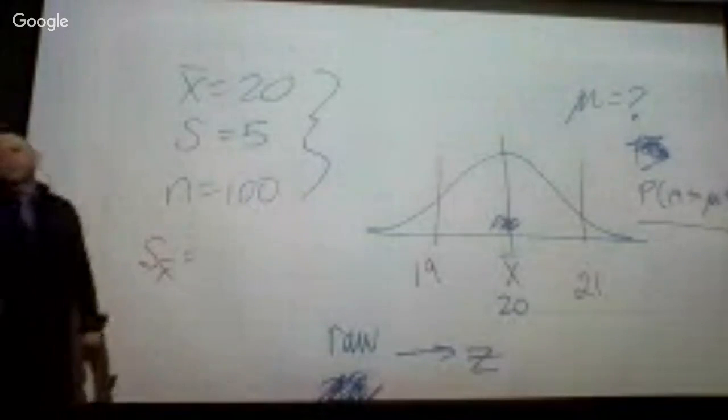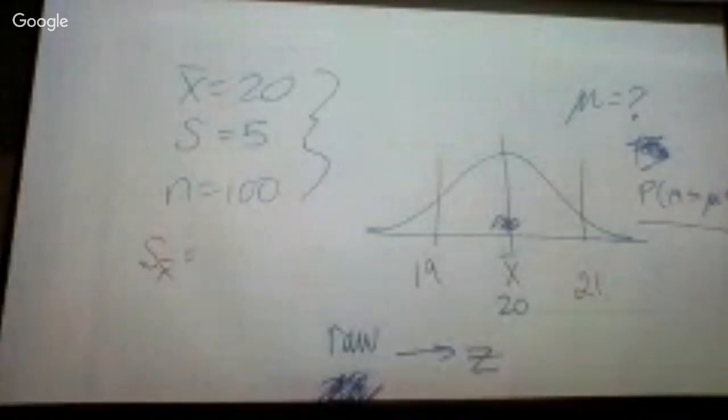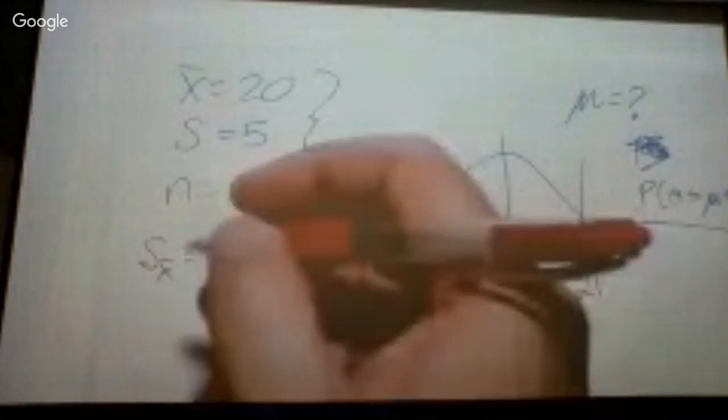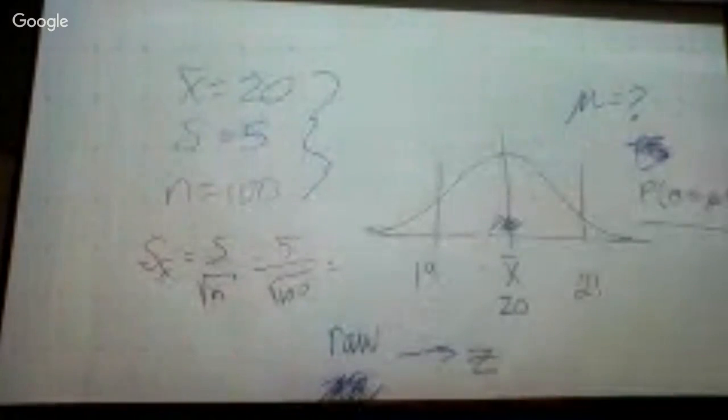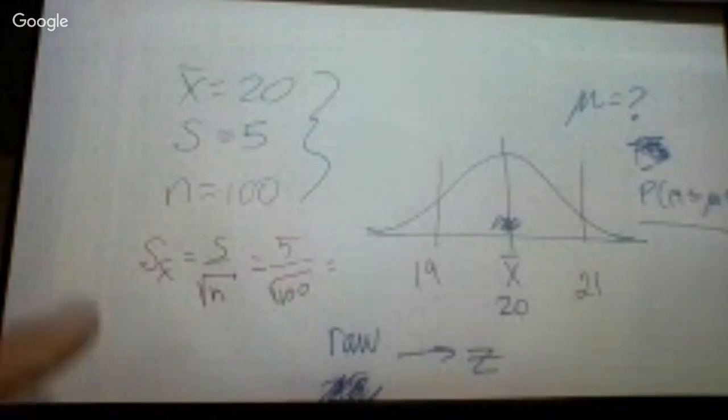It's S divided by the square root of N. You got a value for 5 over the square root of 100? 0.5.